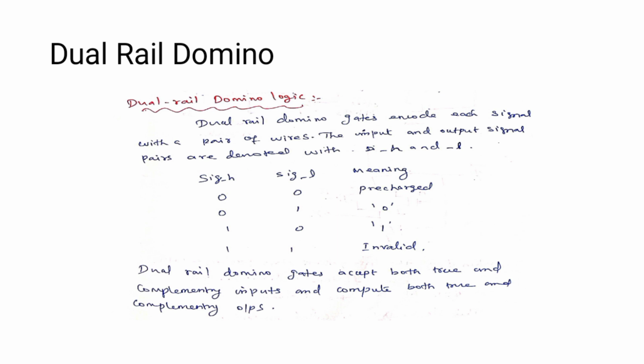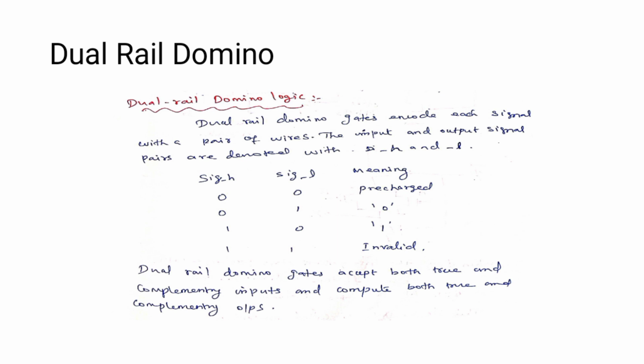When both high and low are 0 0, it's a precharge state. When it is 0 1, it gives the 0 output, it is logic low, and 1 0 is a 1 output, whereas 1 1 is an invalid signal. So this is the concept behind the dual rail domino.